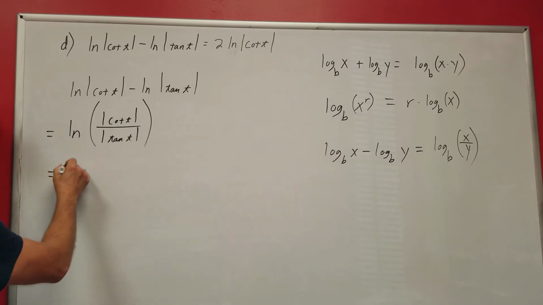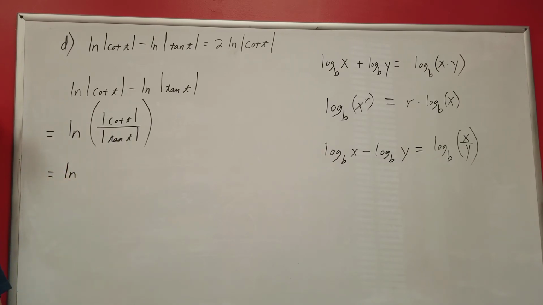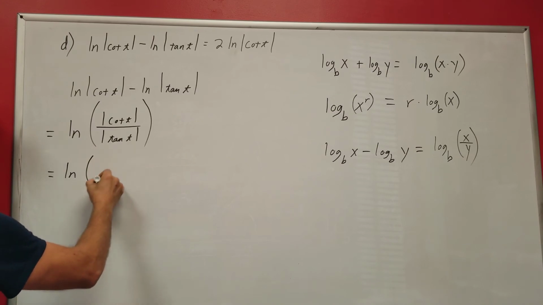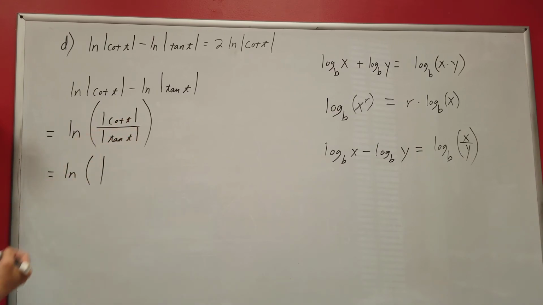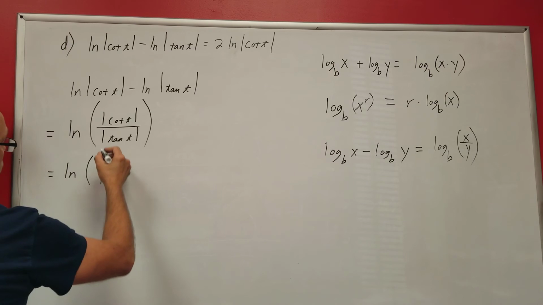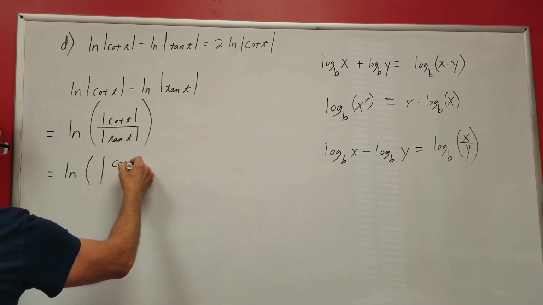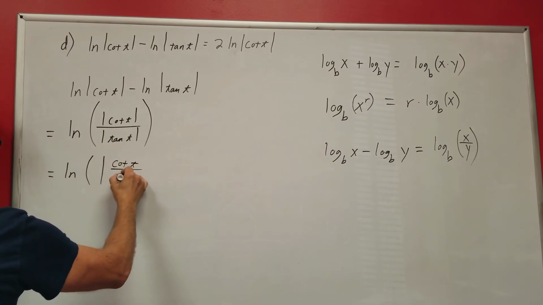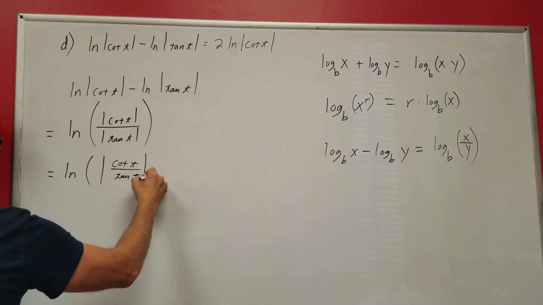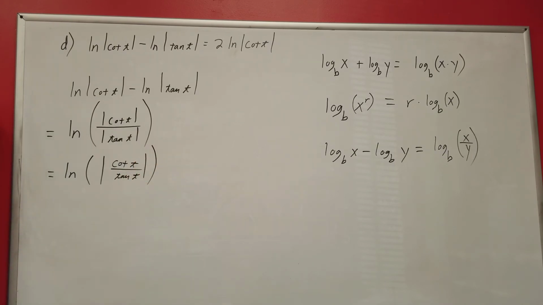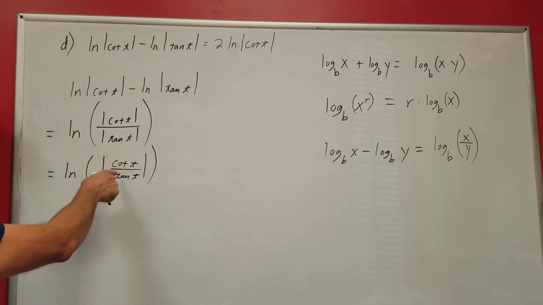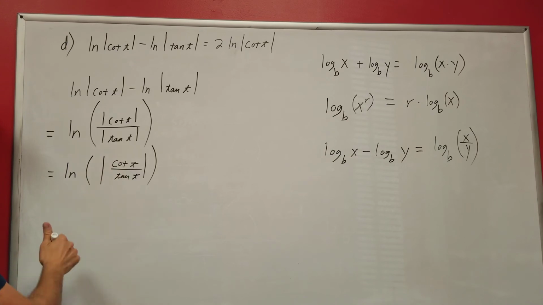Now what I'm going to do is rewrite this as natural log of, if it's a fraction like this, I can write it as one large absolute value of cotangent of t over tangent of t, all in one absolute value. Let's mess around with this inside here.